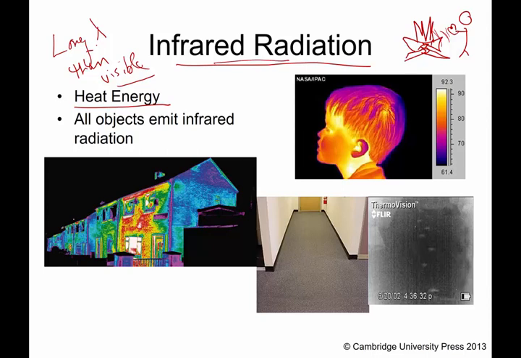These are actually light waves. Every object emits some infrared radiation. Even objects as benign as carpeting sitting on your floor are going to emit some infrared radiation. We can tell an awful lot by looking at objects with infrared cameras. This is an infrared photograph of a home, and it's actually looking for heat loss.